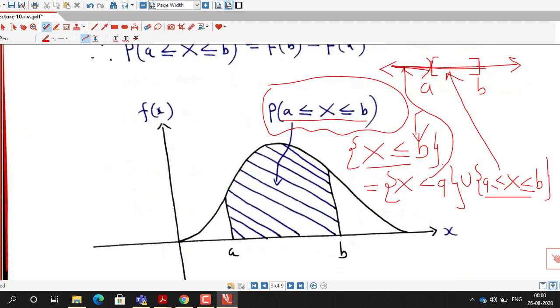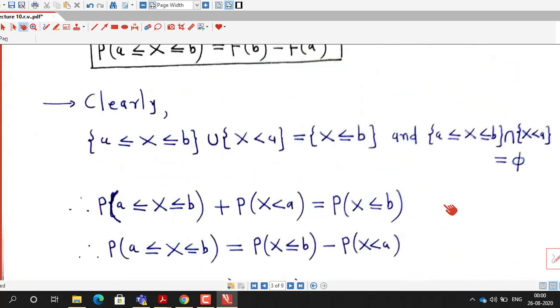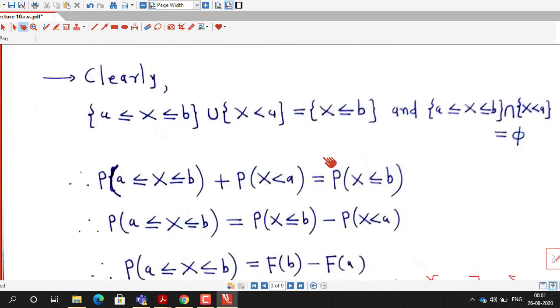So capital X less than or equal to B is nothing but the union of two mutually exclusive events. That means their intersection is the empty set. Therefore the probability of capital X less than or equal to B is the sum of the probabilities of these two events.